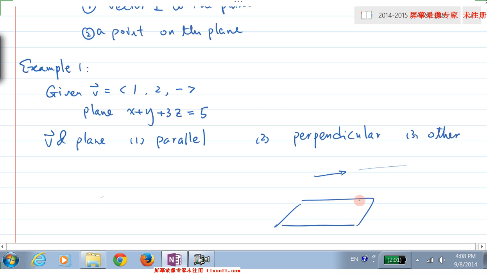If the vector has a certain angle, the line intersects the plane, and that means they're not necessarily perpendicular; there may be certain angles. But if the vector is like this, then they're perpendicular. So the parallel and perpendicular cases refer to these conditions.